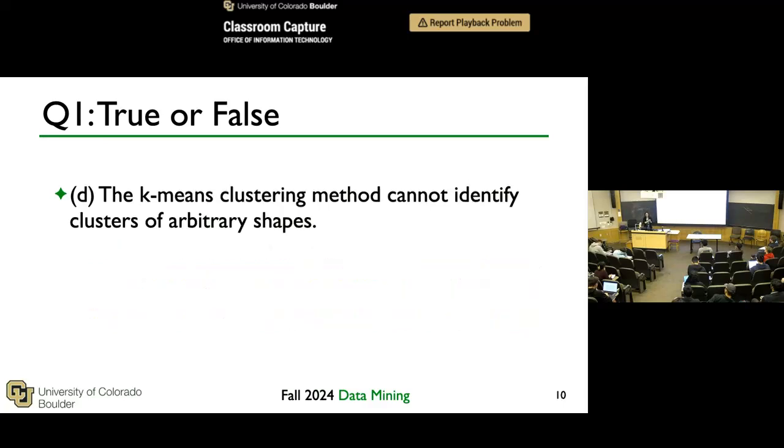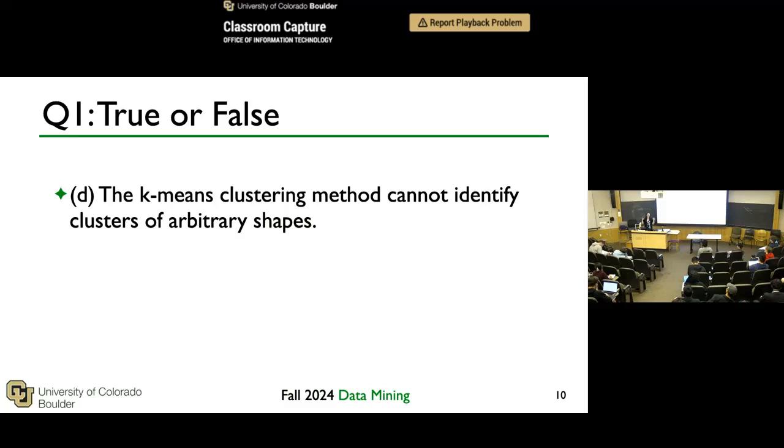All right, one more. The k-means clustering method cannot identify clusters of arbitrary shapes. This is something we covered in the cluster analysis section. The idea is that when you do clusters, you're grouping objects. The objects will be similar to each other within the cluster, different to each other across clusters.